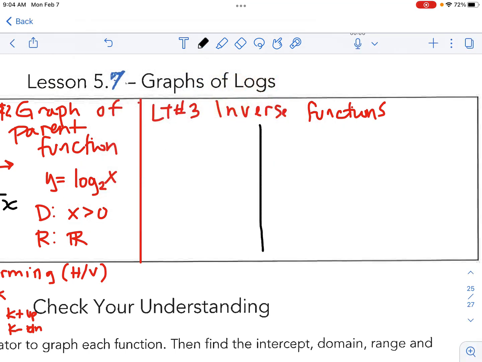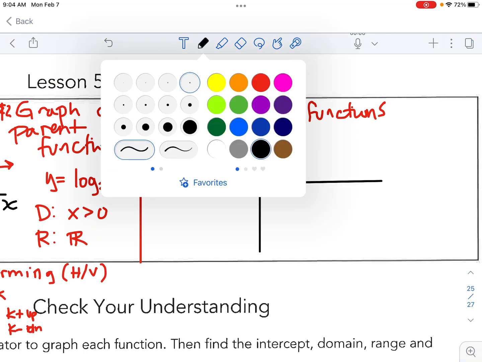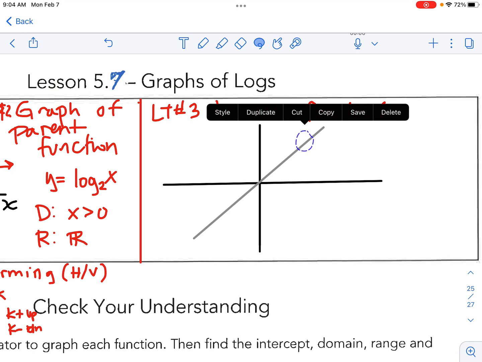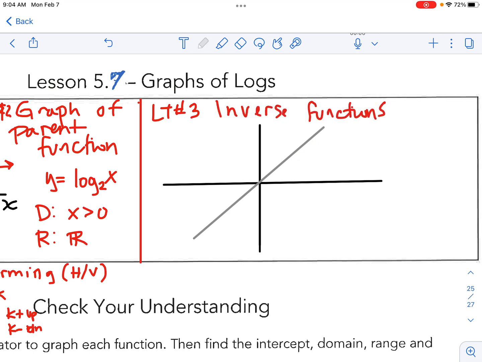So in general, we know that inverse functions are mirror images about the line y equals x, right? So if I could graph the line y equals x, I think I have to slide that over a little bit. There we go.